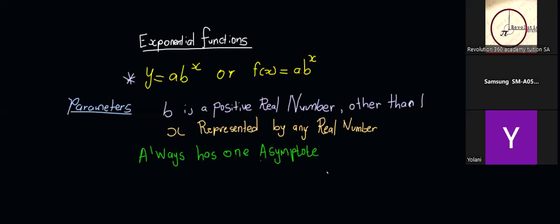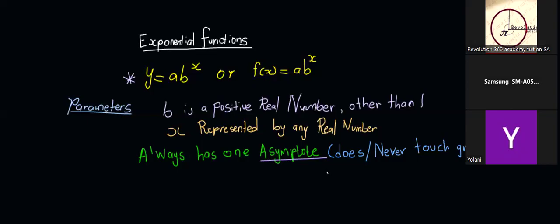An asymptote is a line that never touches the graph. Normally we show an asymptote using dotted lines.